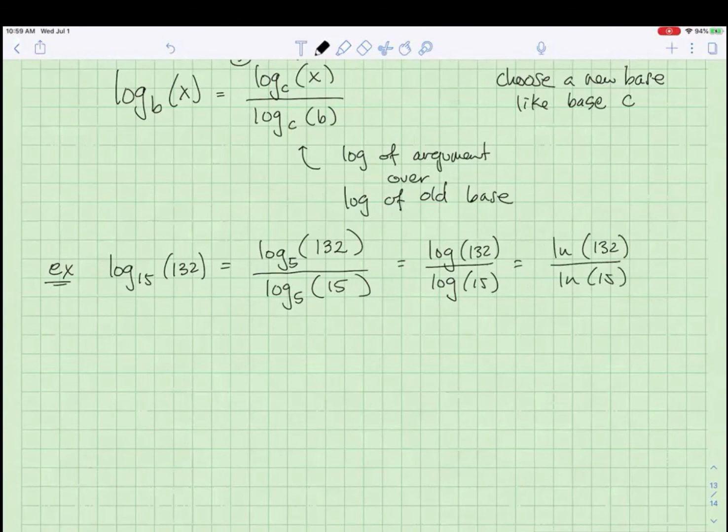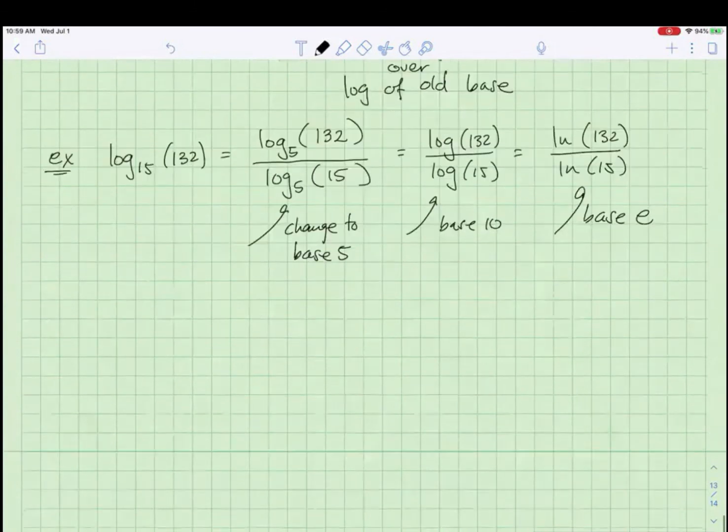In all three cases, using change to base 5, base 10, base e, all of these will give you the same numerical value.